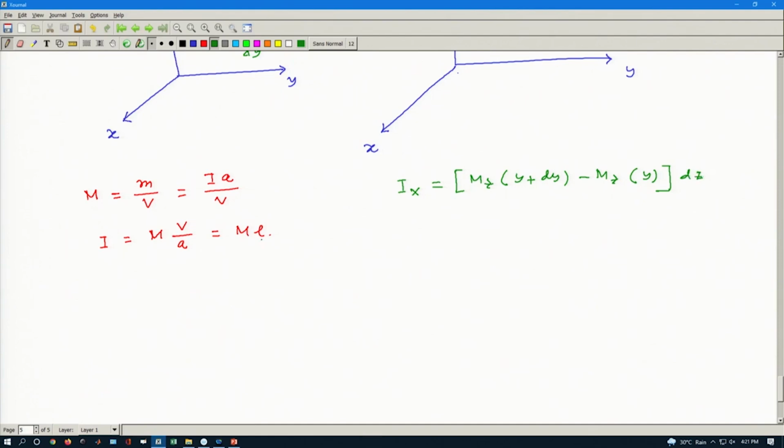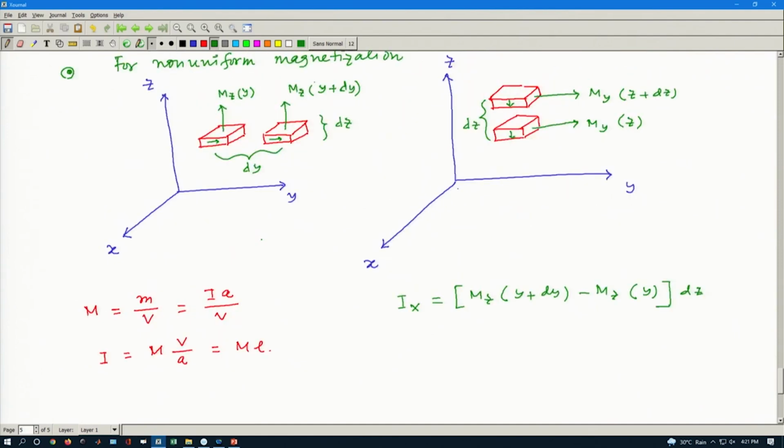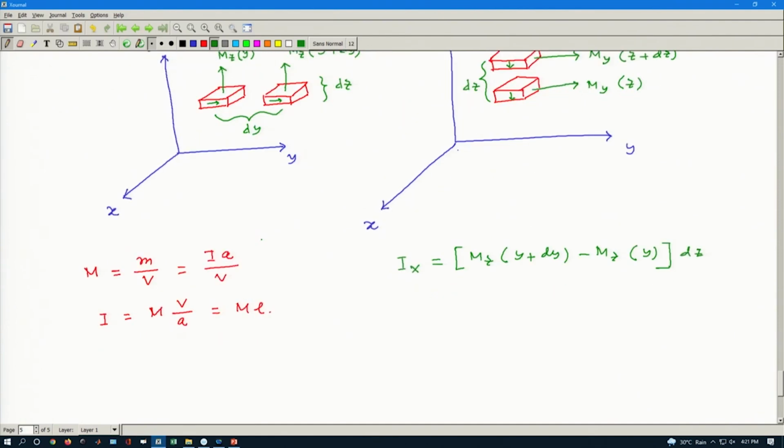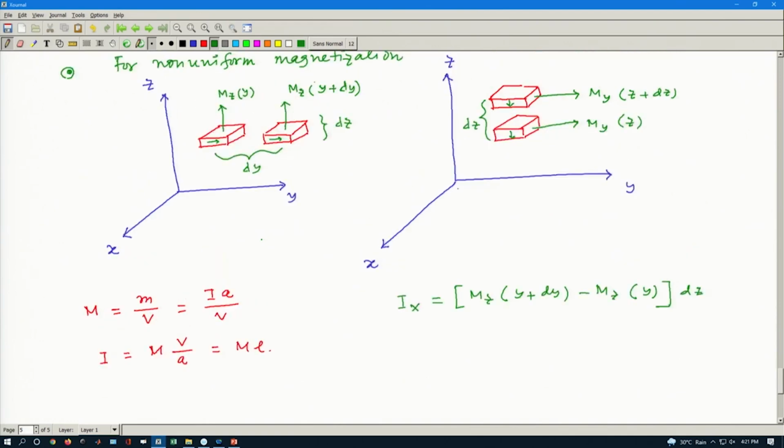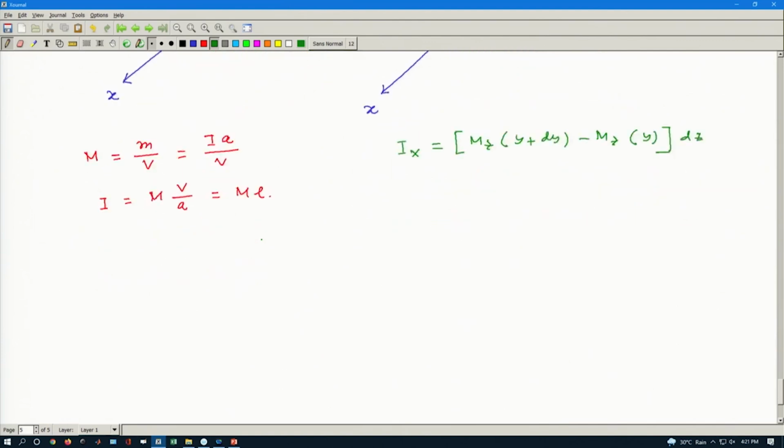This is the net magnetization, and that should be this.